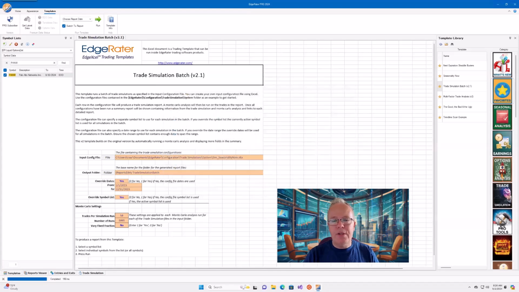And one thing that is important to remember here is that this trade simulation batch template is not specific to seasonality. This is for running any sort of trade simulation in a batch mode. So what we do here is to say, don't override the dates. Don't worry too much about that, but just say no for that and then hit run.